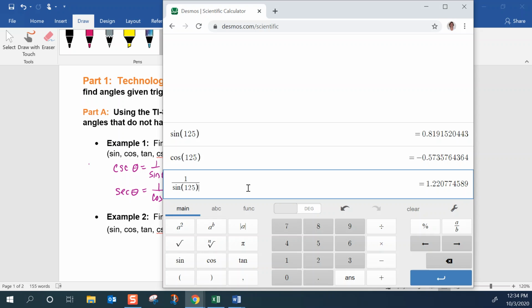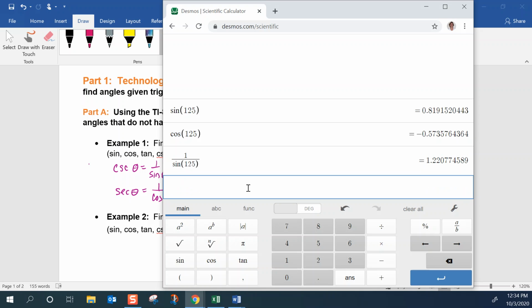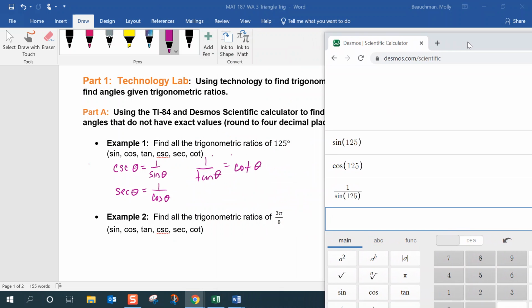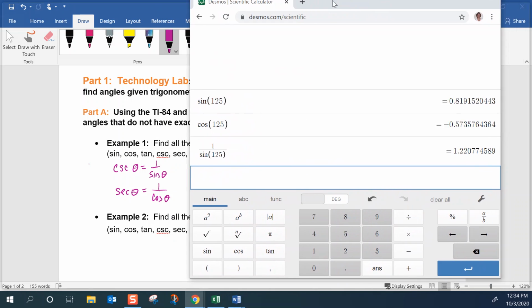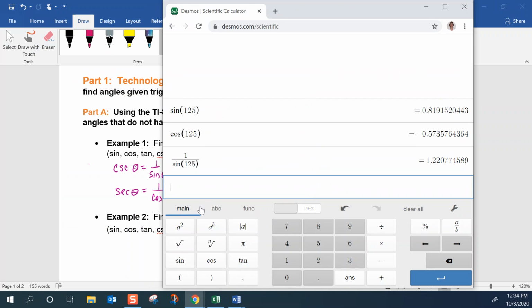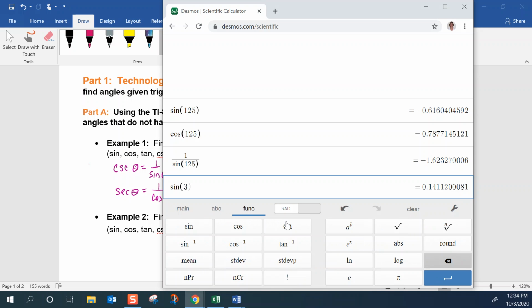So now we're also going to take a look at what if you're using radians. So the next one, if we're finding trig ratios of 3 pi over 8, what I need is to make sure that I'm in radian measure instead. So I'm going to do sine, and I want 3 times pi divided by 8. So 3, then I have to find the pi key. The pi key is in the functions.